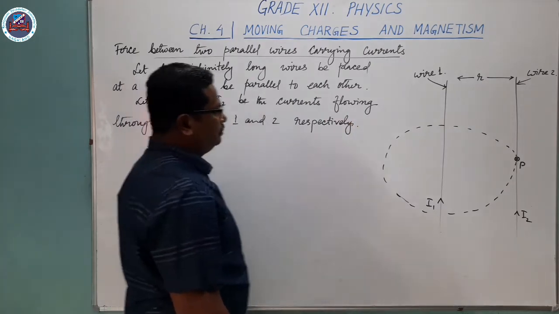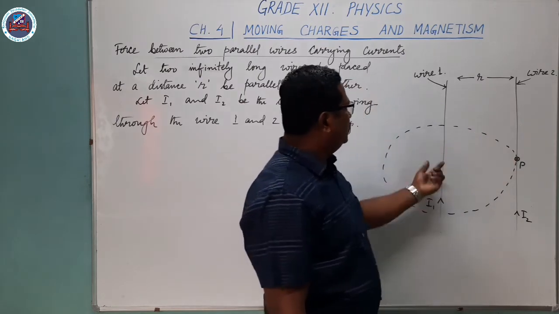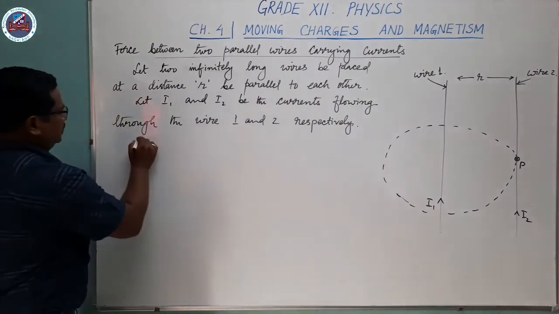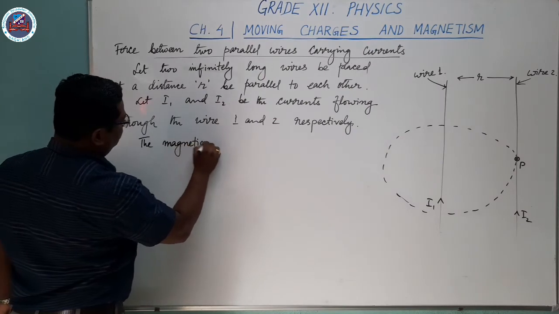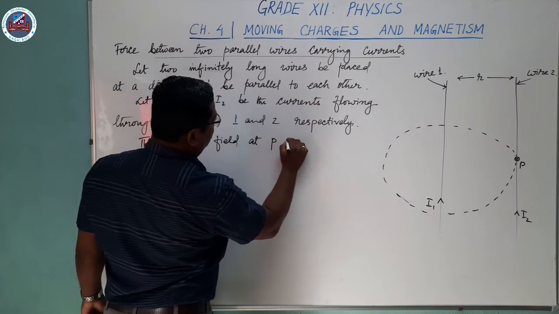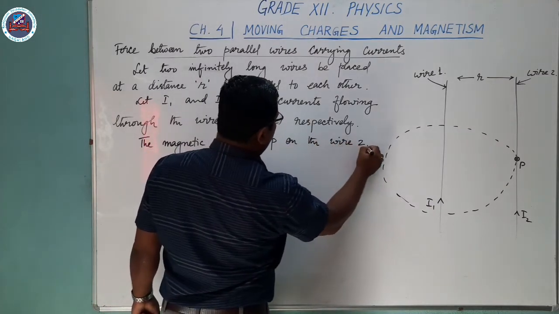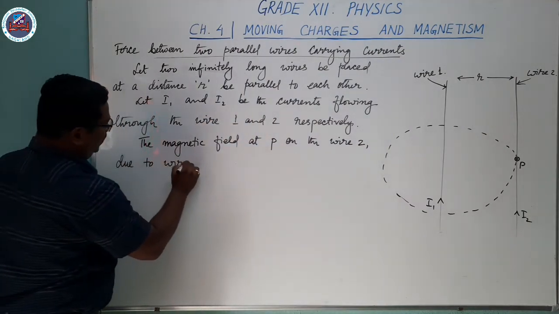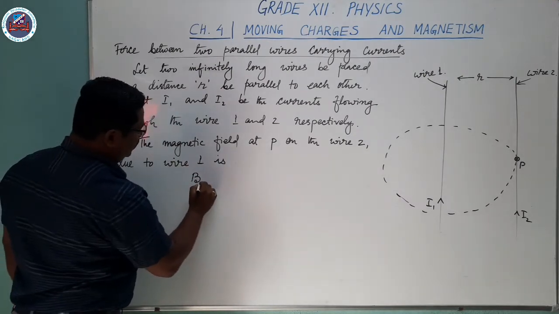So first of all, the magnetic field at point P on the second wire due to the first wire, that we'll find out. Like this you can do. The magnetic field at P on wire 2 due to wire 1 is, let us write it as B1.